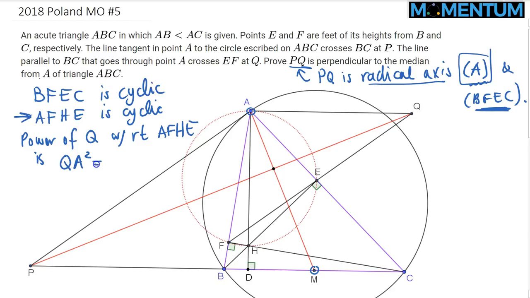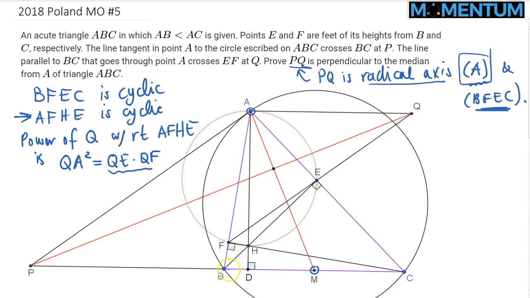But QA squared, you can alternatively write it as QE times QF. Now, what's interesting is that QE times QF happens to be also an expression for the power of point Q with respect to the circumcircle of quadrilateral BFEC.